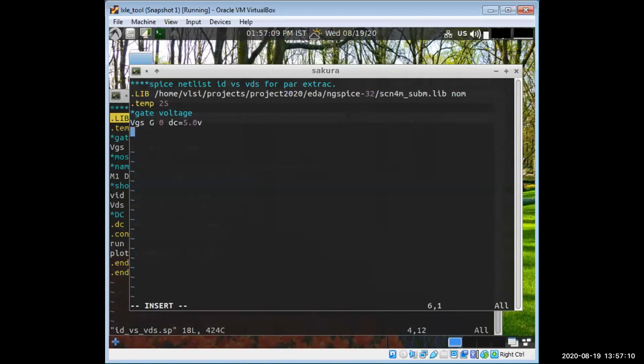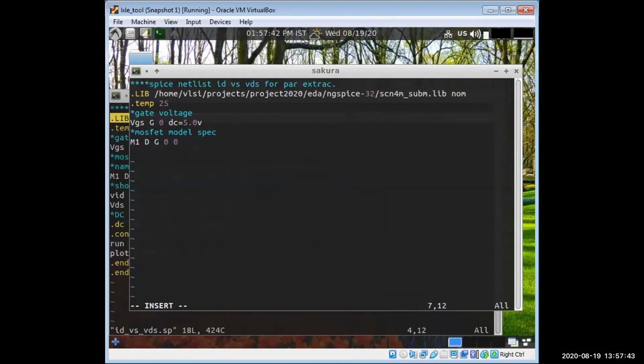Then the MOSFET name and model specs. Just write M1, then the drain terminal as D, the gate terminal as G, then the source terminal, which is 0, and the bulk terminal is also 0.